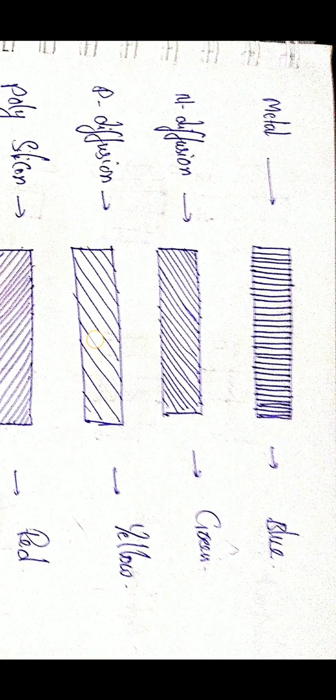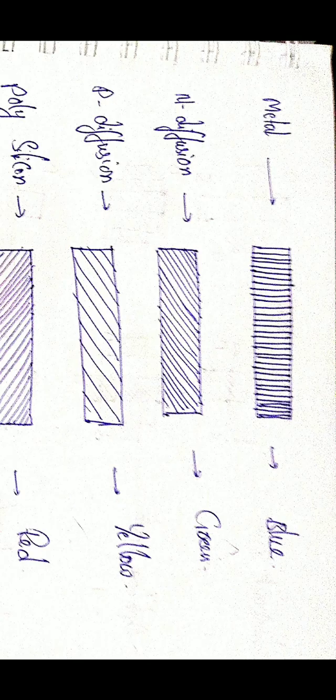Already we discussed the metal layer. In a stick diagram we draw just lines, whereas in a layout diagram we draw blocks. For the metal layer in layout diagrams, we draw the block and straight lines, and the color used for the metal layer is blue.